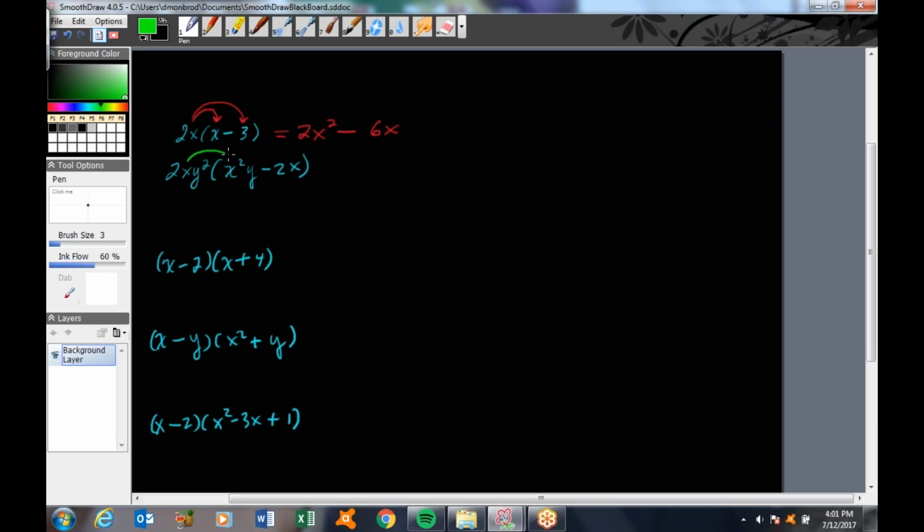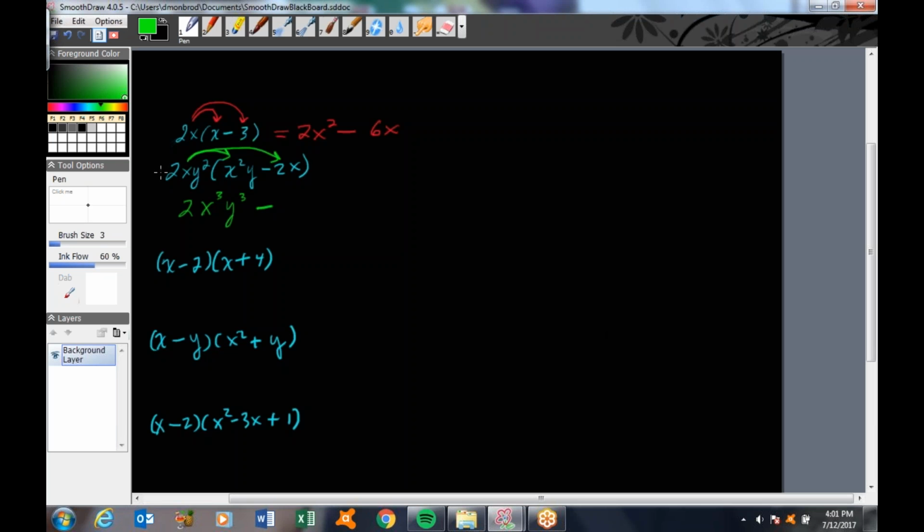This time we're going to multiply the first term here, this whole first factor, which is 2x y squared, times this x squared y. That's going to give us 2x to the third y to the third. And then you'll repeat that, multiply by this next term. There's a minus in front. This is a positive.